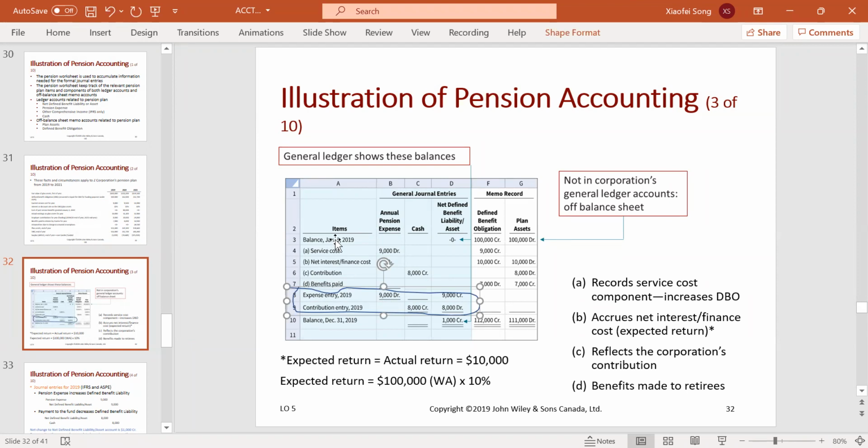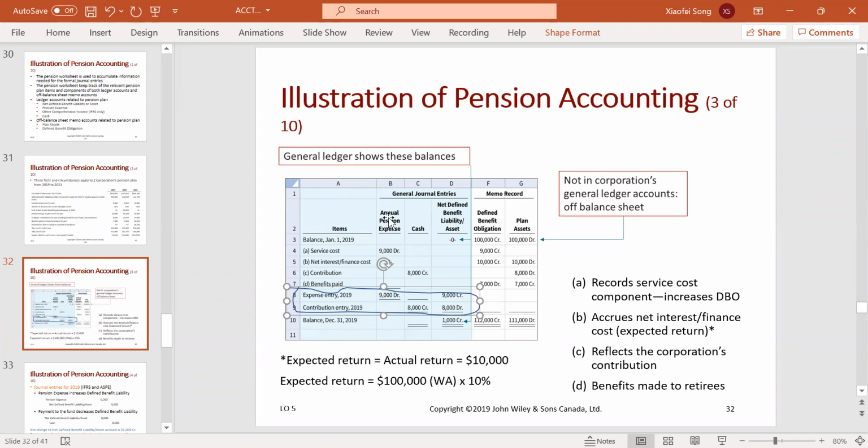We don't put them in our journals. We are just accumulating, I want to say recording, but it's not recording. We're just writing down the impact of these various items, right? We do not actually record them in journals. And after writing those down, we know the summary impact these items have on the account.